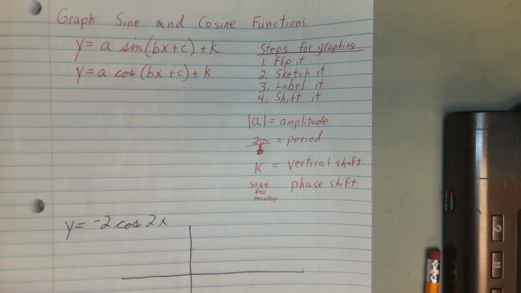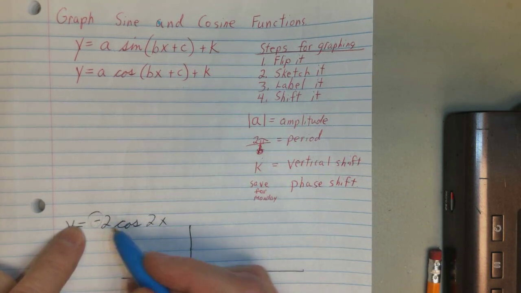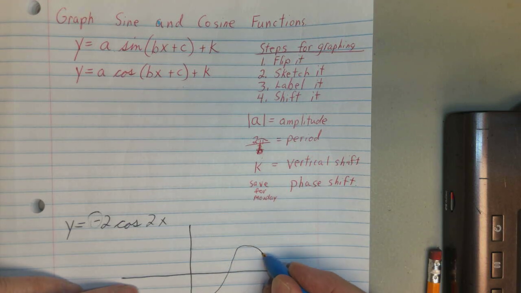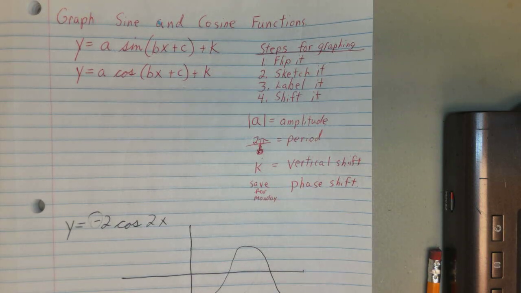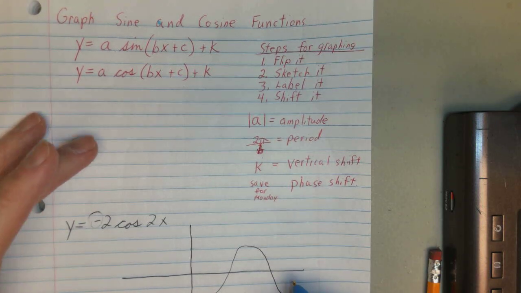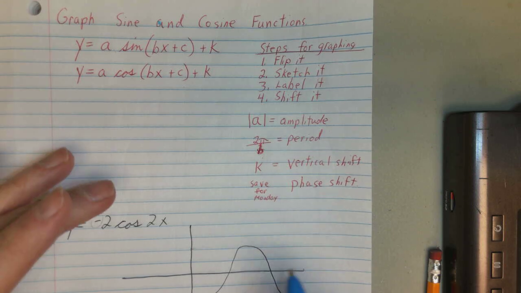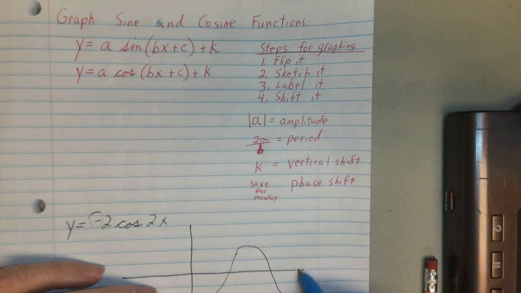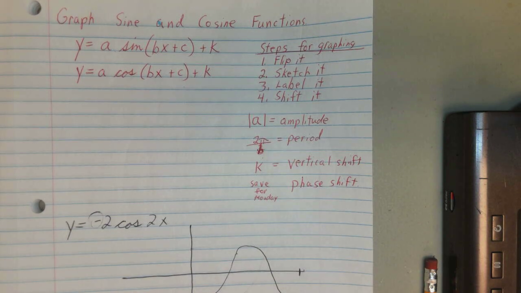A negative value for the coefficient means we are going to flip it. Normally we go down, but we're going to go up like so, and come down. I have flipped it from what it usually is, I sketch what I flipped, and then we're going to label it.